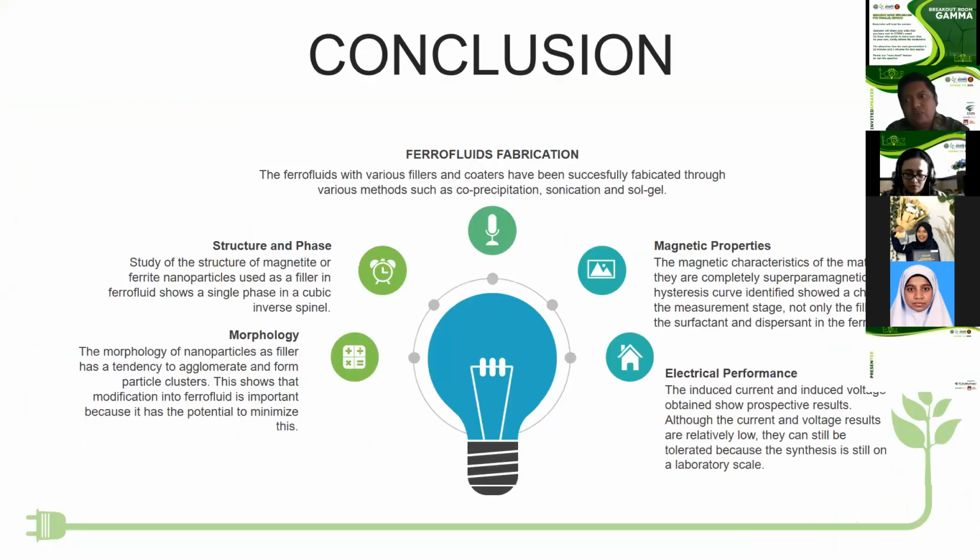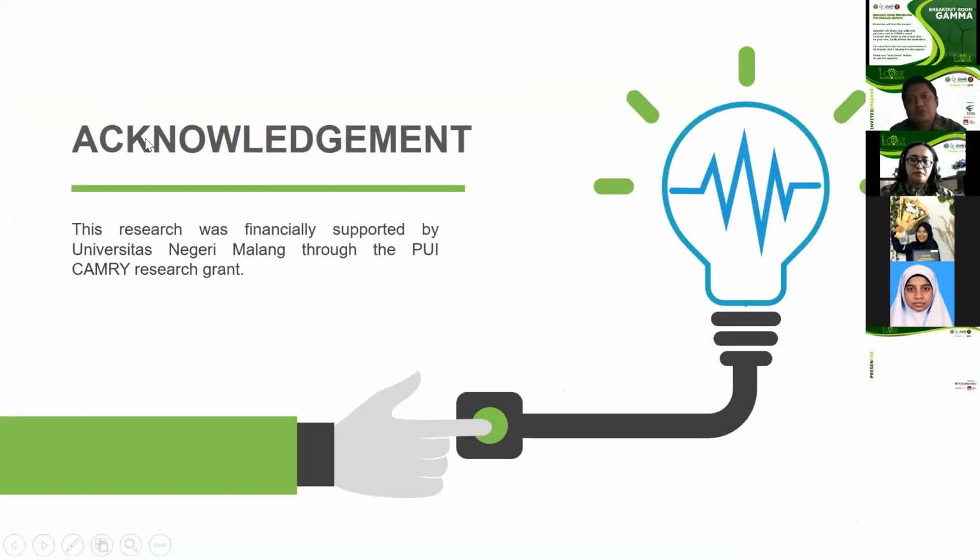For the conclusion, I think we have successfully fabricated stable ferrofluid from natural sand with high impurity, with excellent magnetic properties to be applied as an energy harvesting agent. Thank you very much.